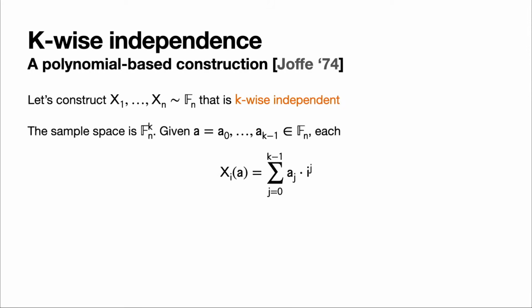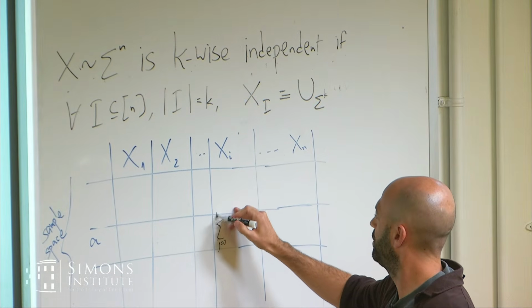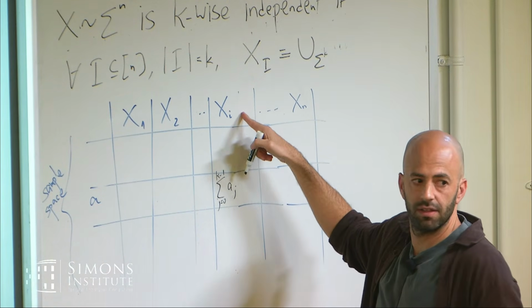So I need to tell you how to index a sample space. So here, what I do is each row I index by k coefficients from my field, say a0, a1, up to ak minus 1. And what I output for the ith variable is just the evaluation of this low-degree polynomial that is given to me by the coefficients aj on i.